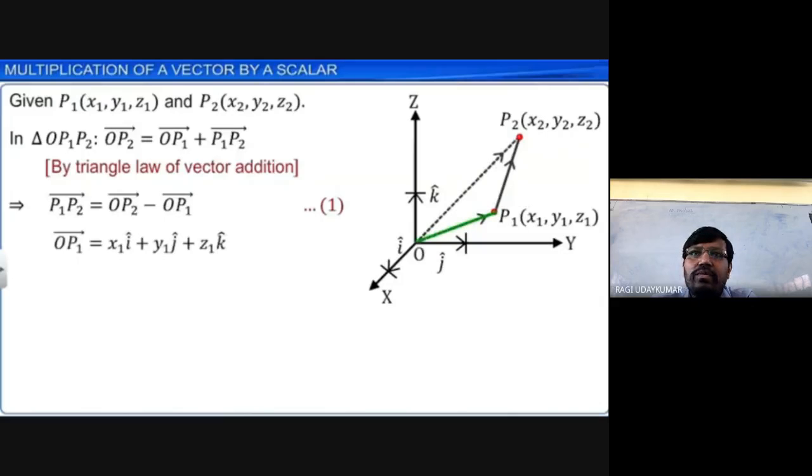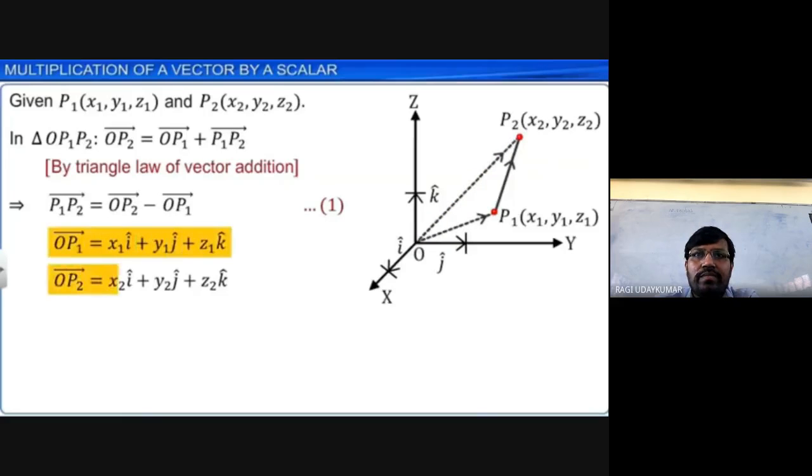OP1 can be written as x1i plus y1j plus z1k, and OP2 as x2i plus y2j plus z2k. Did you understand this? So we have to subtract both: (x2 minus x1)i plus (y2 minus y1)j plus (z2 minus z1)k.